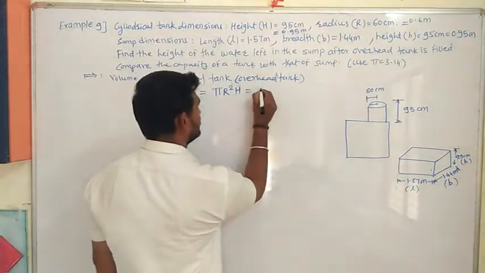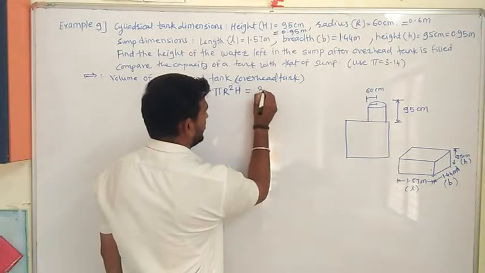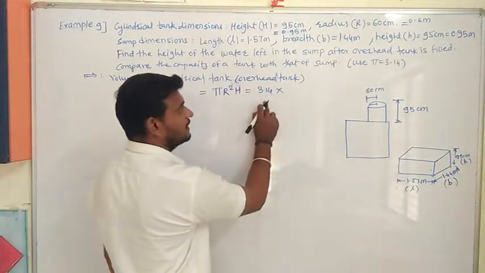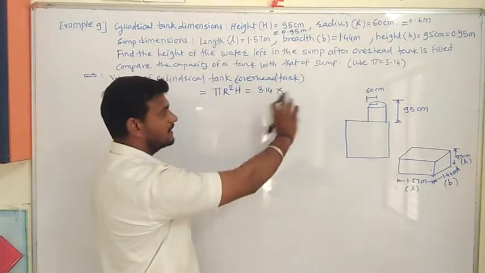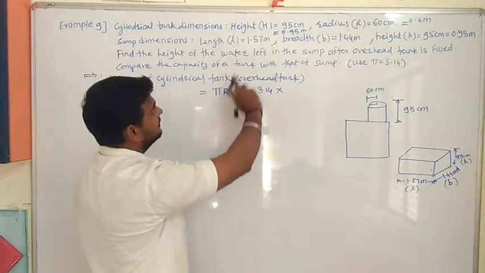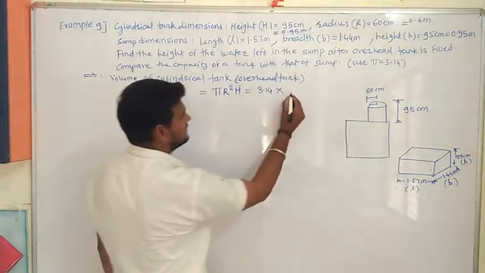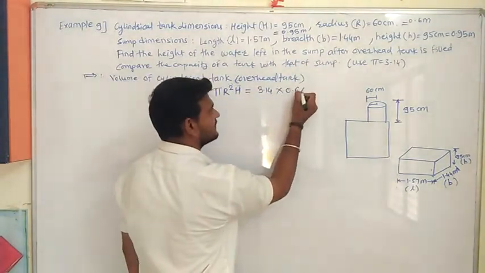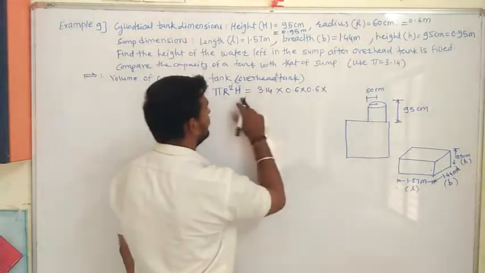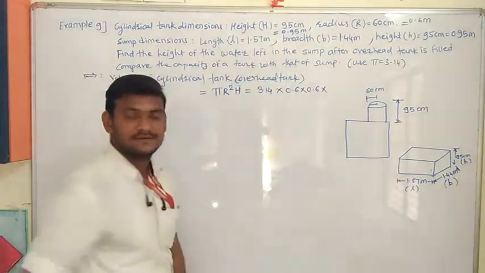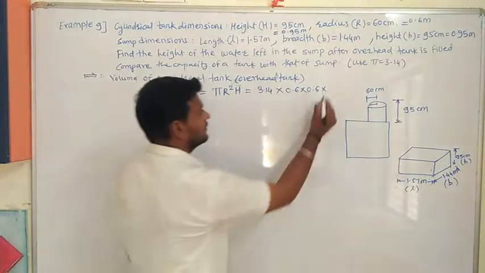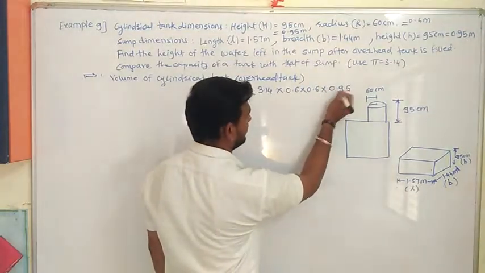Put all the values here. Pi is 3.14, into R square, radius is given as 0.6 meter, squared, therefore two times we have to take 0.6, into height. Height is given as 0.95 meter.